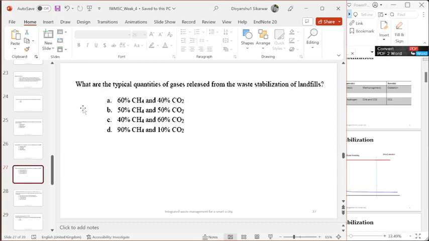In general, in anaerobic digestion the range varies, but the value sir reported in the class was on the higher end. In India, most of the food waste is going to landfill only. The value reported by sir in the classroom was 60% methane and 40% CO2.